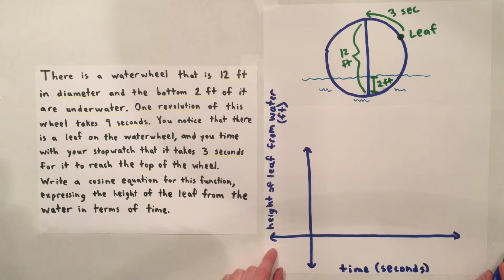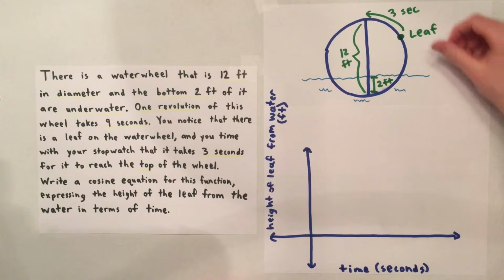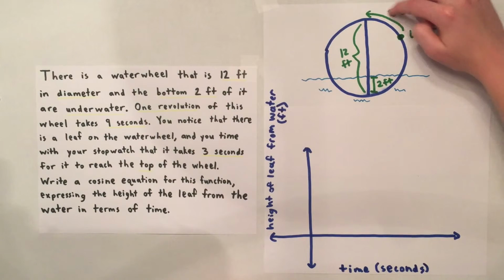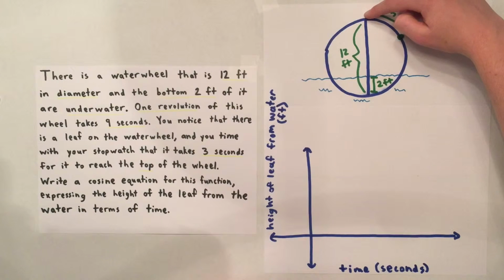Now, I'm going to find some points to put on our graph. One point that would be very helpful in graphing our cosine function would be the maximum point. We can see from our drawing that the leaf reaches the maximum height from the water it can after 3 seconds. So right up here.